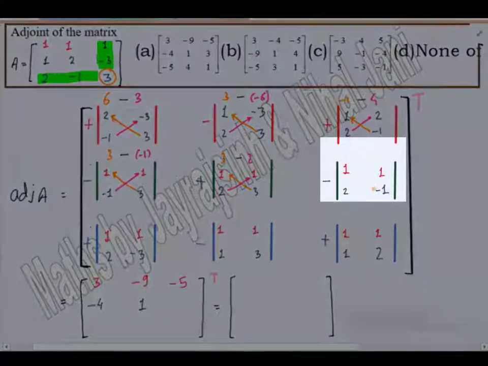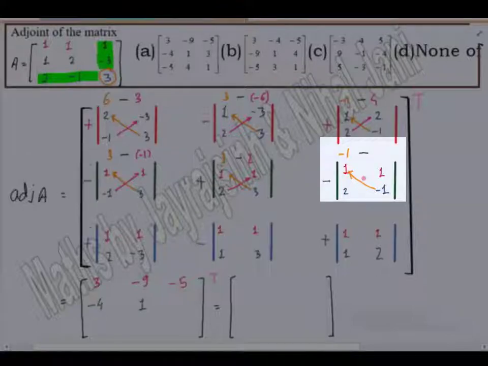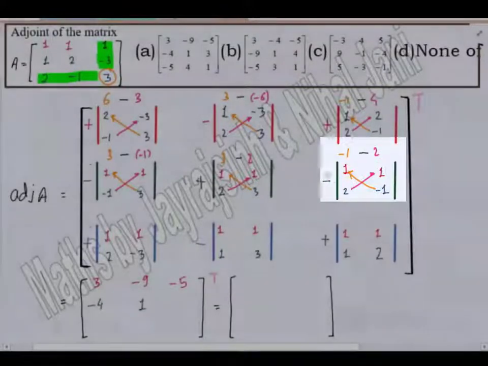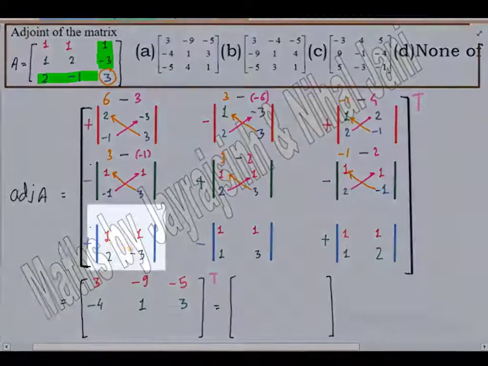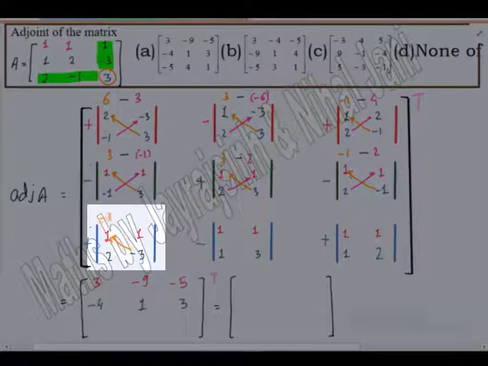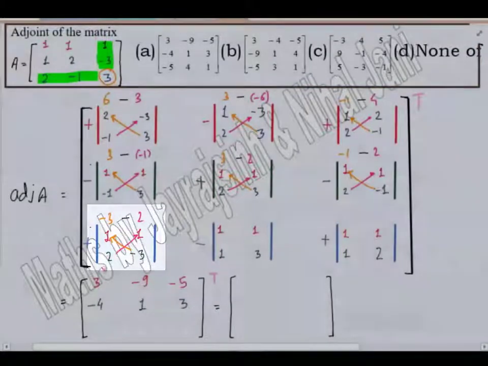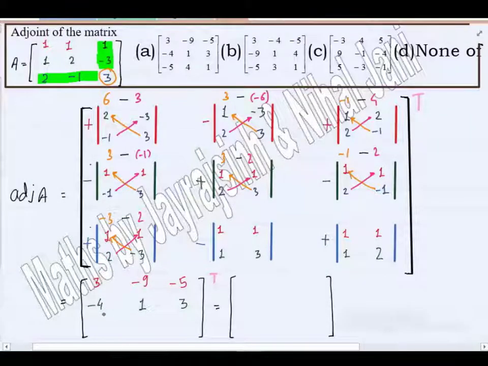And the last element of the row, minus 1 minus plus 2, so it will be minus 3, but with the negative sign we get plus 3. The first element of the last row will give us minus 3 minus 2, so it will be minus 5.